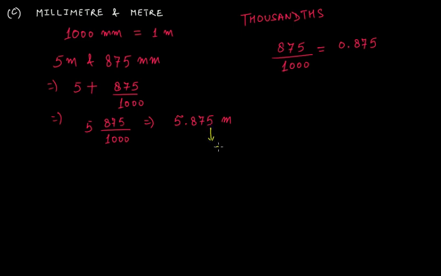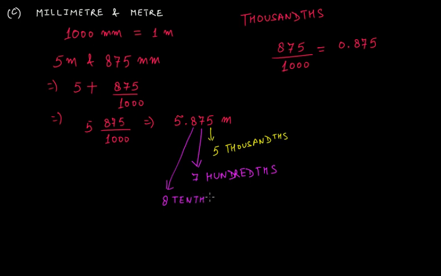And what it tells you is that when you have 5 meter and 875 millimeter, it means that you have 5 thousandths, you have 7 hundredths, and you have 8 tenths, and this is 5 ones, right?